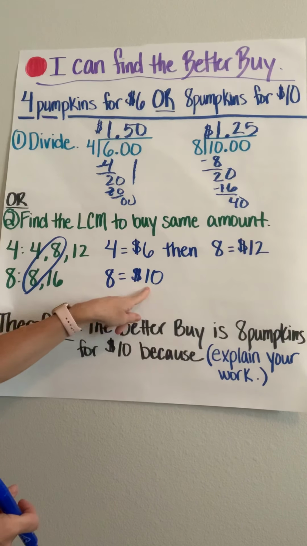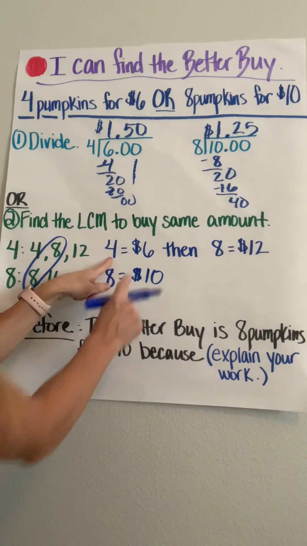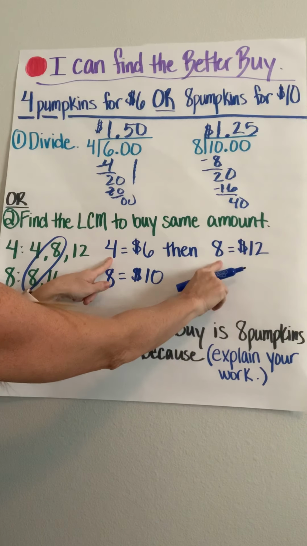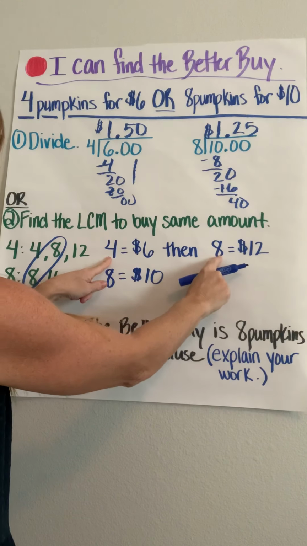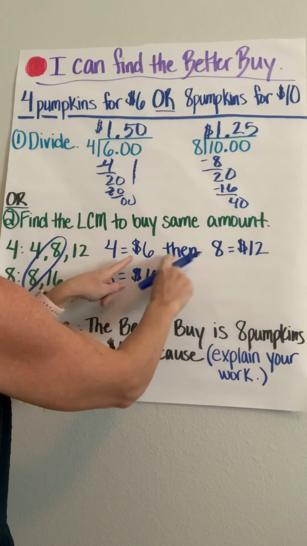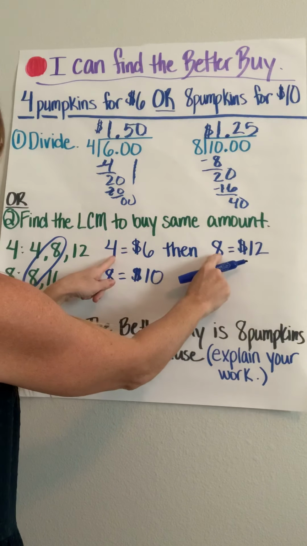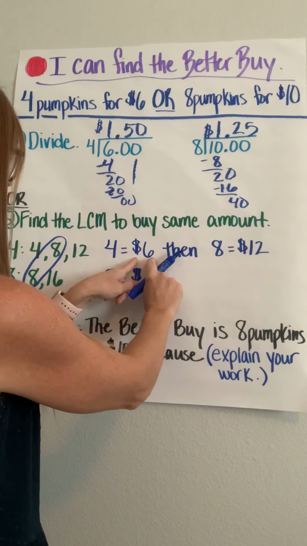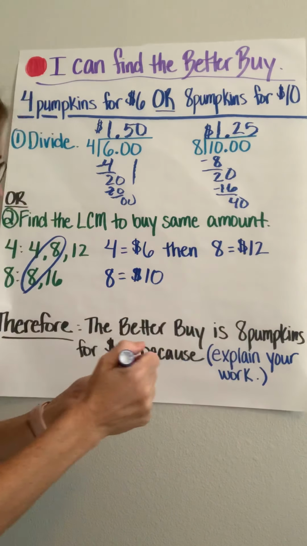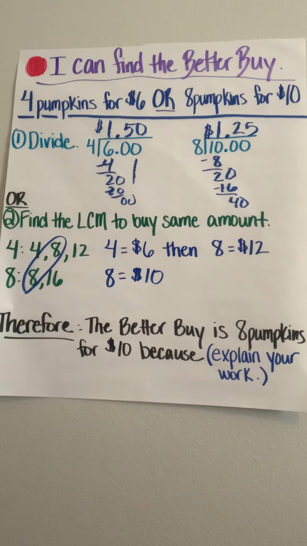So 8 for 10, I already know, but 4, I'm going to change to buying 8. So instead of buying 4, I'm going to jump up to the multiple of 8. So 4 to 8 is doubled. If I'm doubling the amount I'm buying, I'm spending double the amount. So $6 would double to 12. So there we can see the comparison.